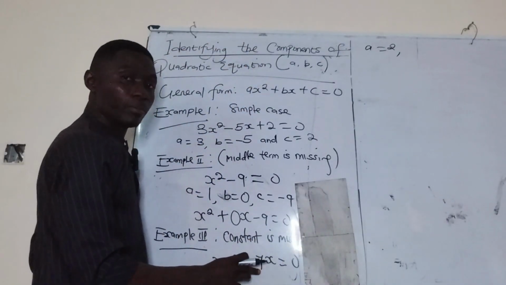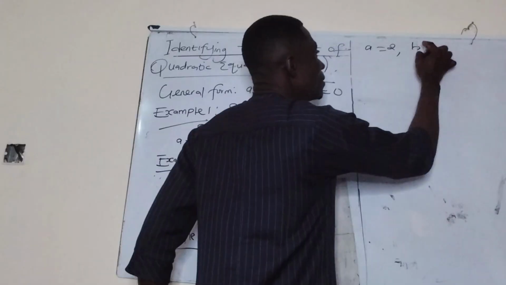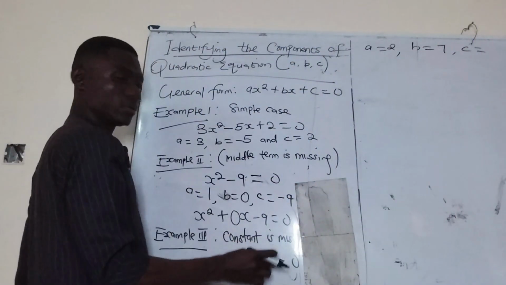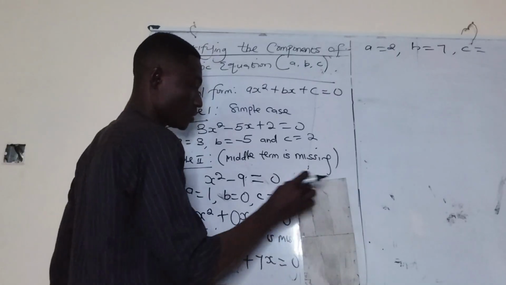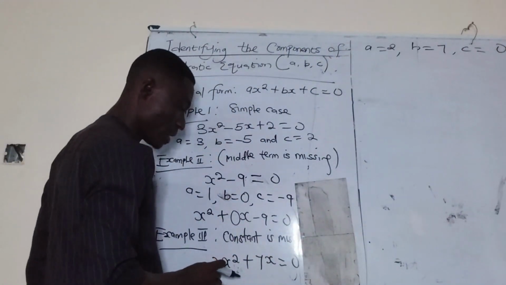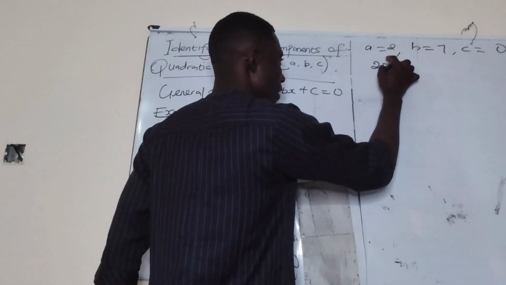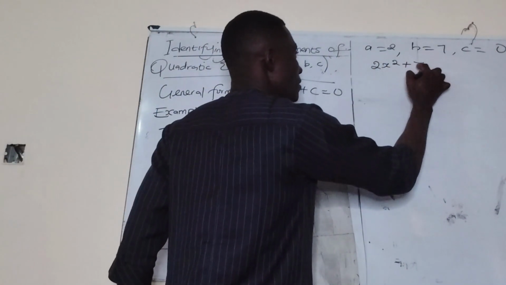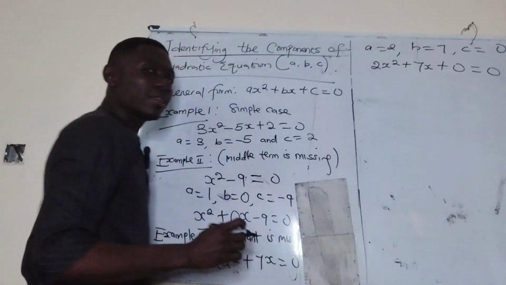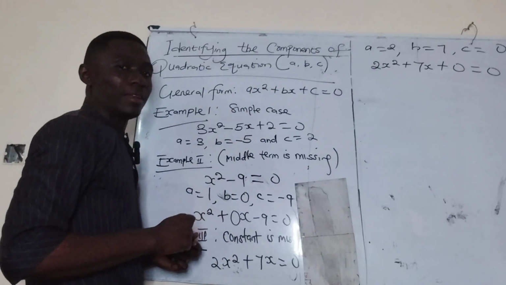The component B, that's the coefficient of x in this case, is 7, and C, there is no constant. So C is 0. So we can decide to write this problem as 2x squared plus 7x plus 0, if really one wants it to be expressed in the general form or to appear just like the general form.